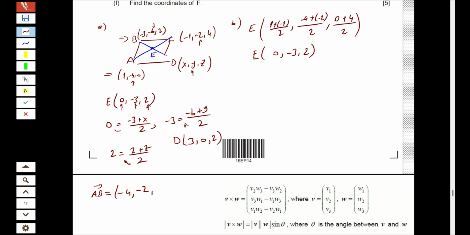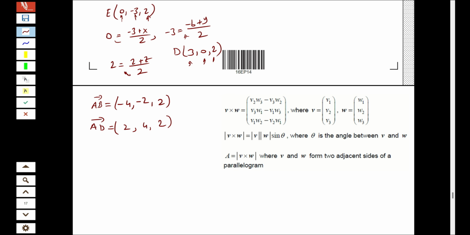And for the z coordinate, you will do the same. The z coordinate of B is 2 and the z coordinate of A is 0. When you subtract, it's going to be 2, right? And AD, in the same manner, you can apply the same. And we find D in here. 3 minus 1 is 2. 0 minus 4 is going to be -4. And 2, right?